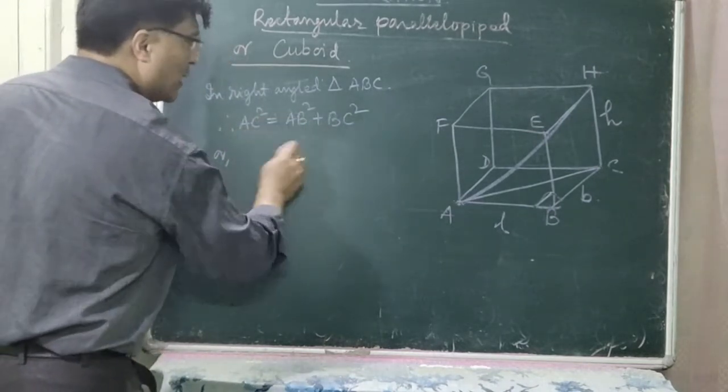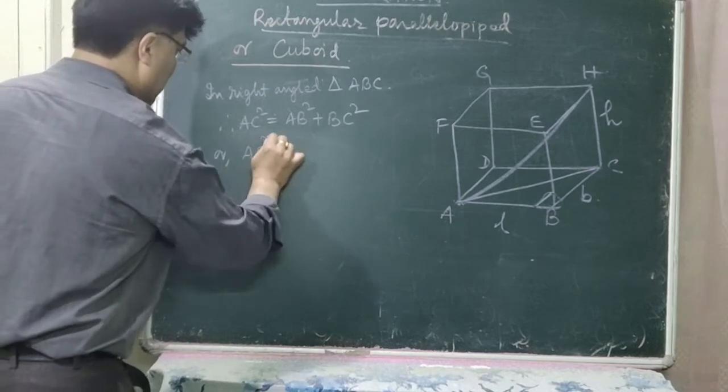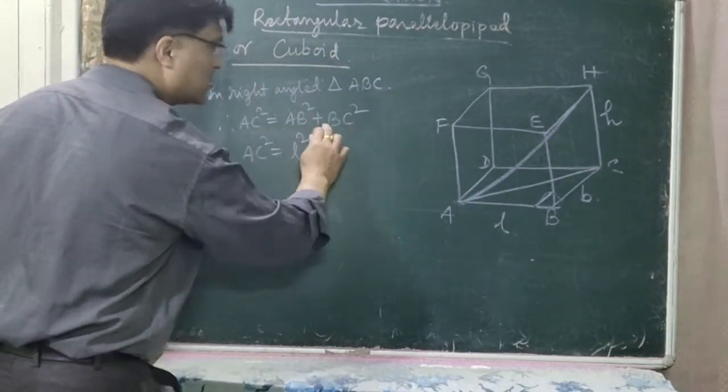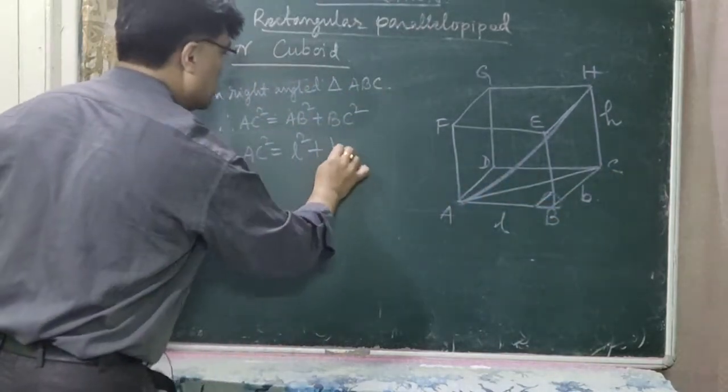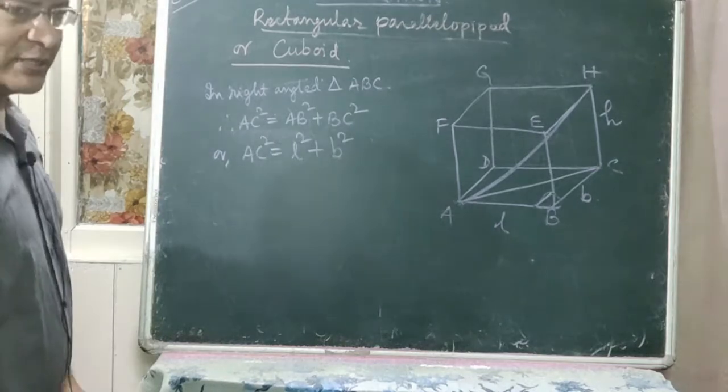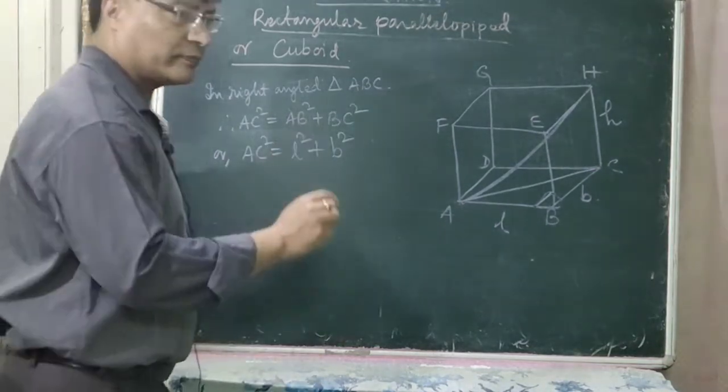What is AC square we don't know. This is AC square is equal to AB square is length square plus BC square is this B square, length square plus breadth square. Is that clear?